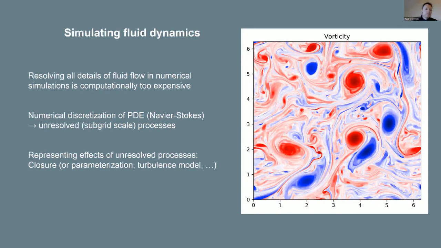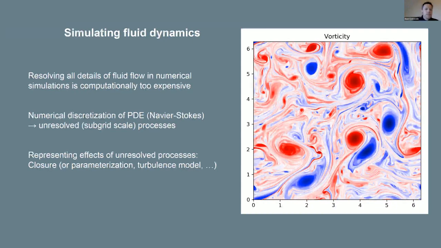But for all these methods, there's some form of grid resolution that comes into play, and that means that there are all kinds of processes taking place at spatial scales that are too small to be resolved once you pick your discretization parameter, for instance, the grid spacing.